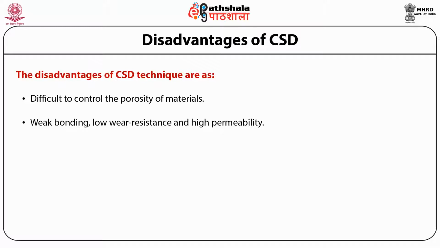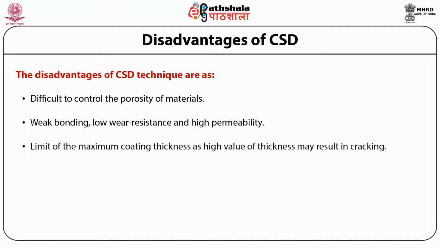Number three, a limit on the maximum coating thickness, as a high value of thickness may result in cracking of the films. That means we can only achieve a certain level of thickness using the CSD technique, above which the film starts cracking. And lastly, the CSD technique is not suitable for bulk production.